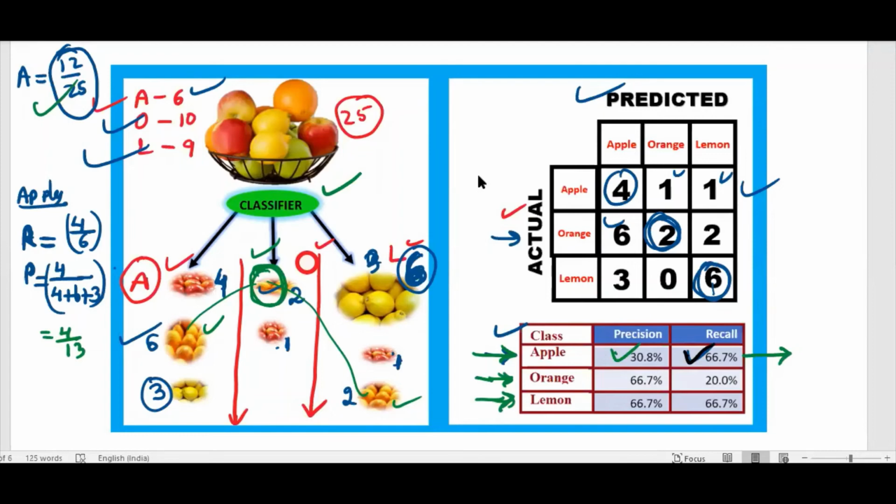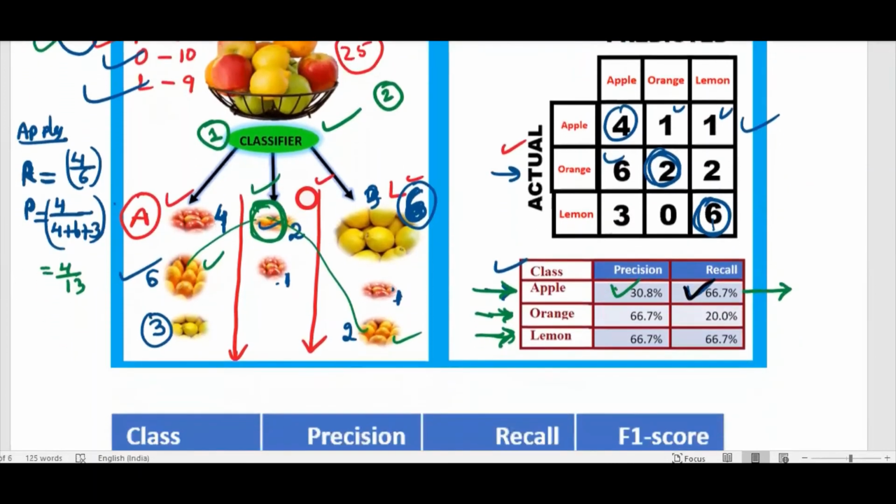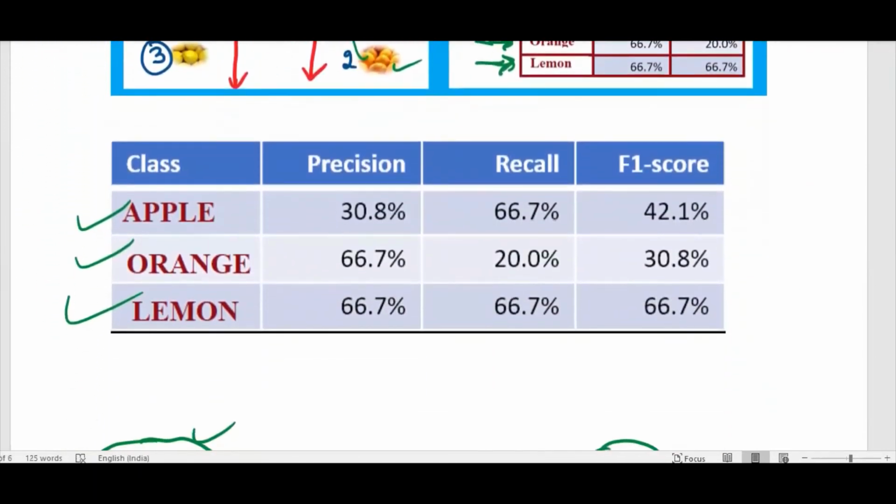We have classifier 1, classifier 2. According to classifier 1, we got this result. Then you see when you are using classifier 2, how you are getting results. Then you want to compare 1 and 2. How can you compare 1 and 2? Because you have so many things here. How can you compare? Three things here.